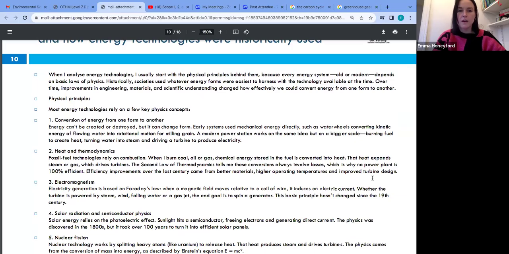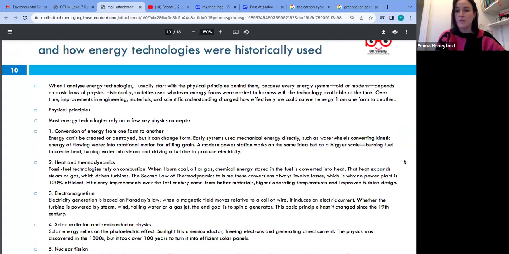When we analyse energy technologies, it's good to have a look at the physical principles behind them, because every energy system, old or modern, depends on basic laws of physics. Historically we know that societies used whatever energy forms were easiest to harness with the technology available at the time.